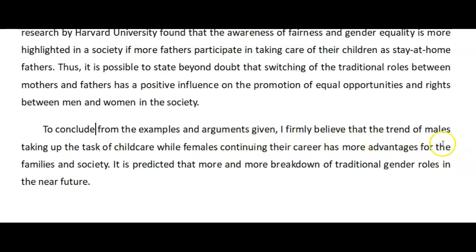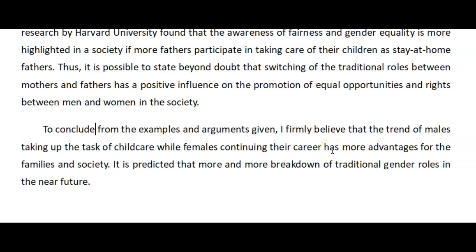No, for families, get rid of the. For families and societies. It is predicted that more and more breakdown of traditional gender roles will happen in the near future. Or it is predicted that there will be more breakdown of traditional gender roles in the near future.